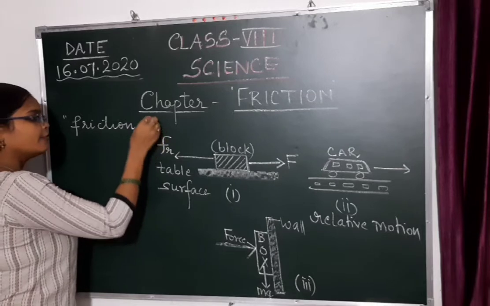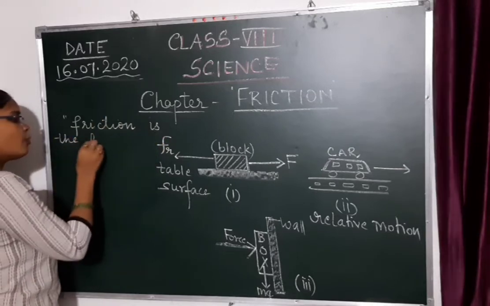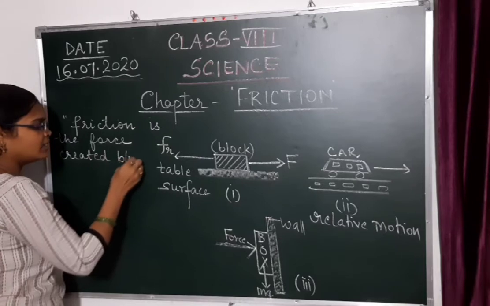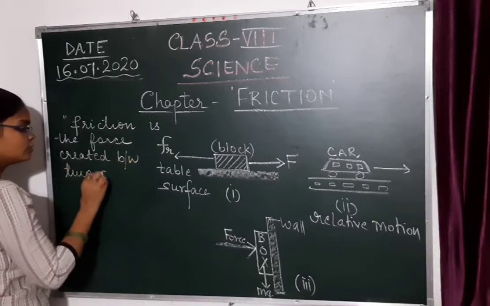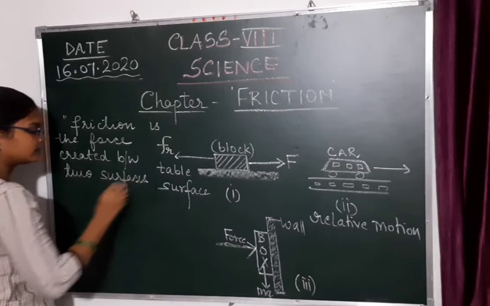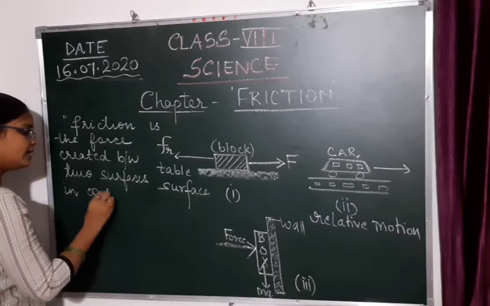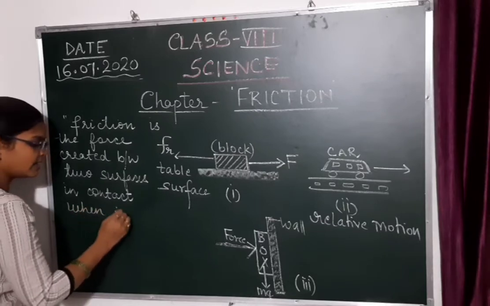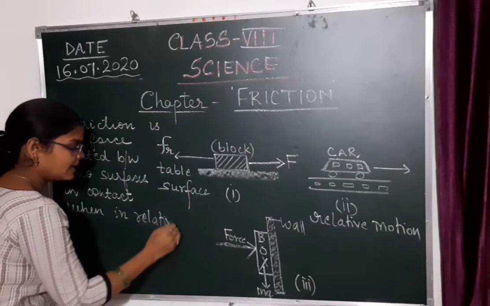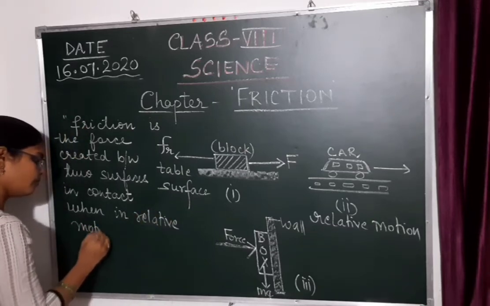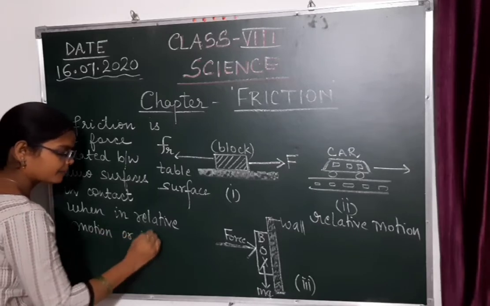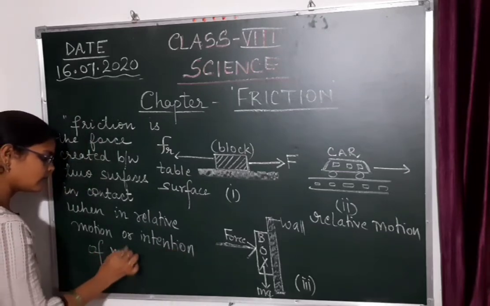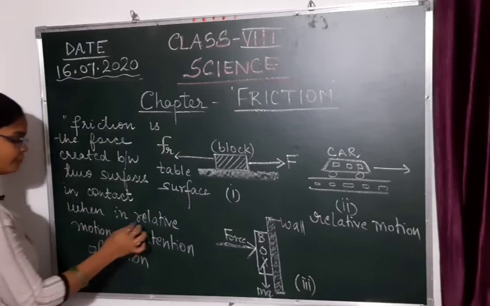So we can say friction is the force created between two surfaces in contact when in relative motion or intention of motion.